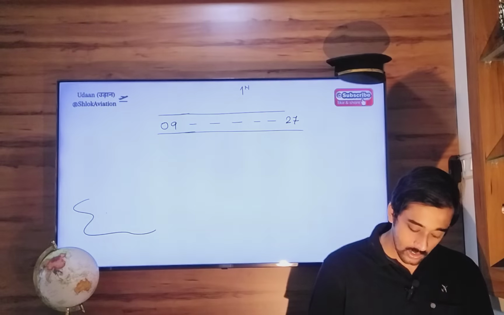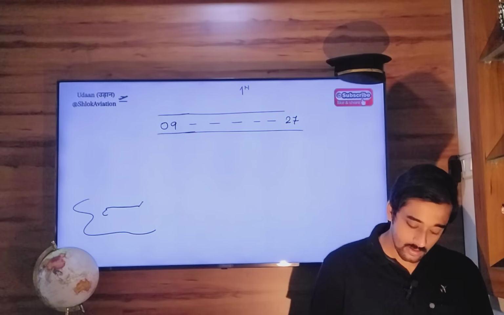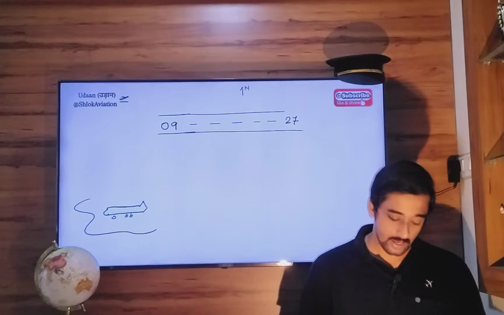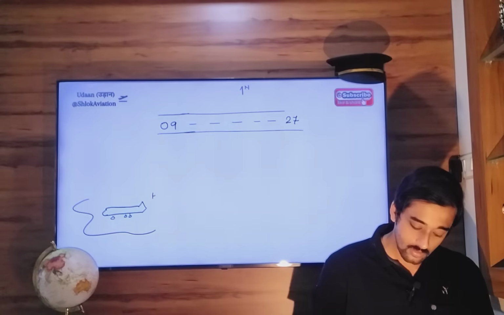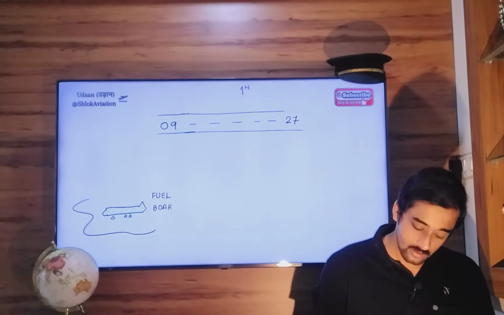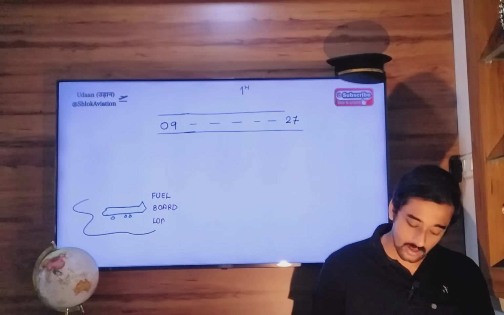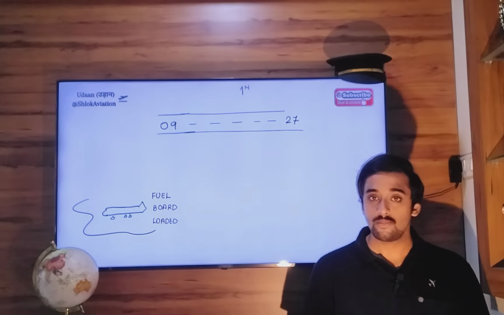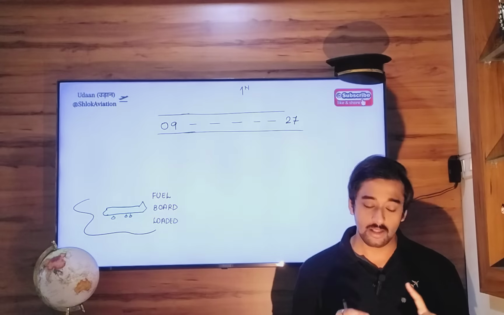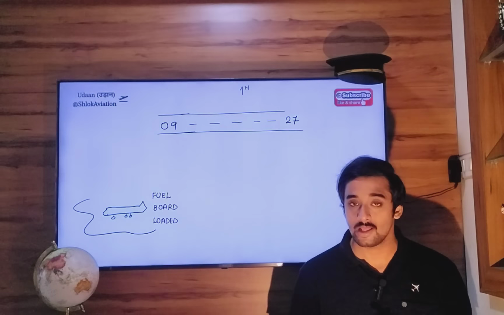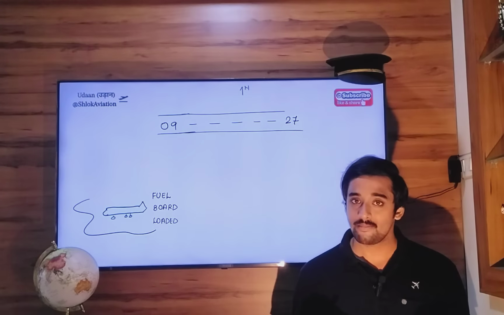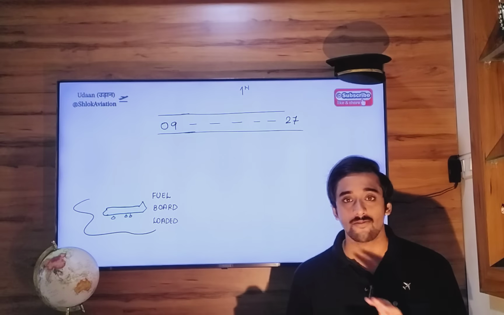Your aircraft is located on the ramp where fueling of aircraft happens, passengers are boarded, cargo is loaded, everything. So when your aircraft is on the ramp, it will be at its maximum mass, right? Because at the ramp, its fuel tanks will be filled with fuel, the fuselage will be full of passengers, cargo, baggage. So at the ramp, at this position, the aircraft will be the heaviest.